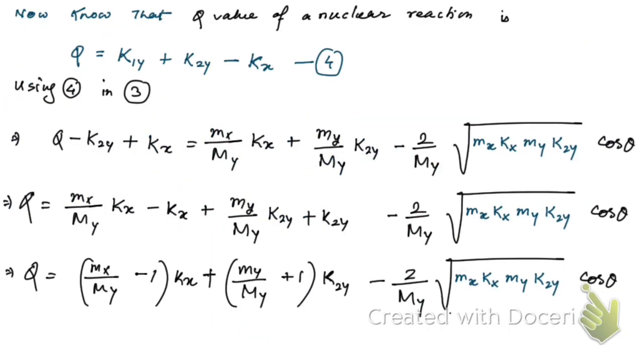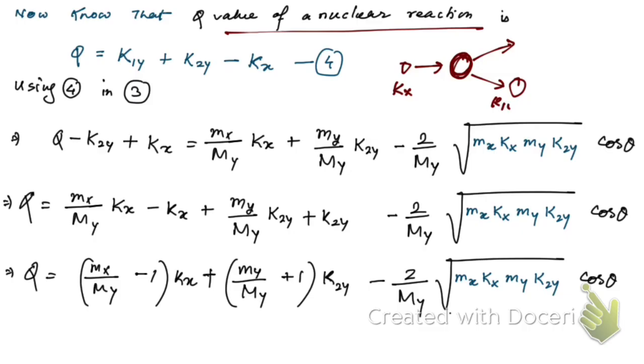Here you can see we know that the Q value of a nuclear reaction is given by this. That means suppose this is a parent nuclei and it is targeted by a particle. Initially it must have kinetic energy, suppose let it be kx. Then from here we have a daughter nuclei with kinetic energy k1y and a scattered particle with kinetic energy k2y.